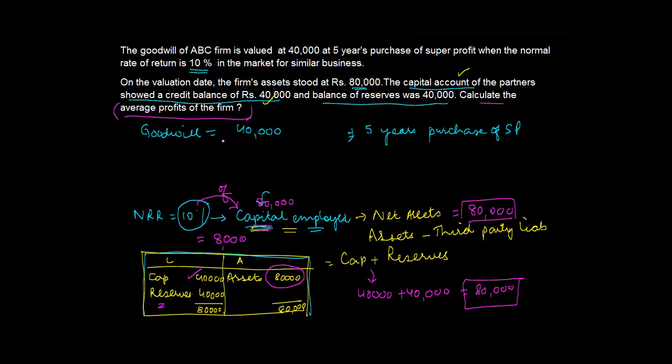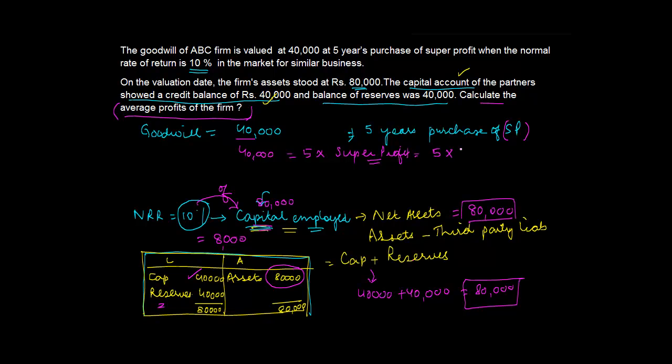Now, when you calculate goodwill as 40,000 based on 5 years purchase of super profits, then what does this mean? This means that 40,000 is equal to 5 times the super profit, right? But super profits themselves are what?